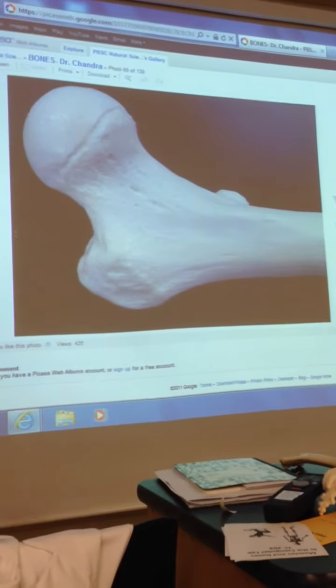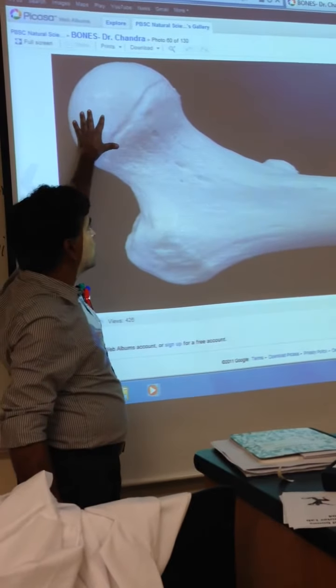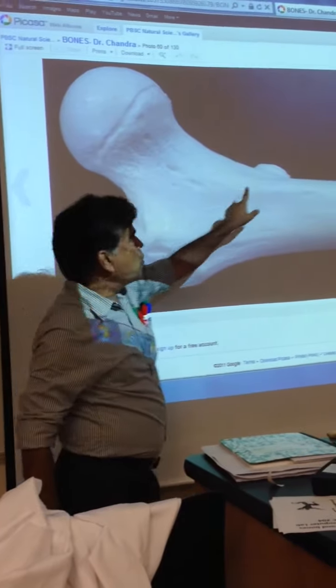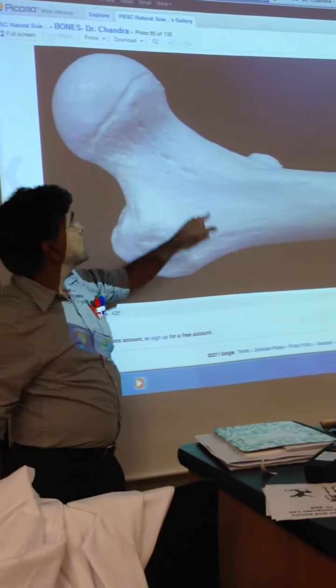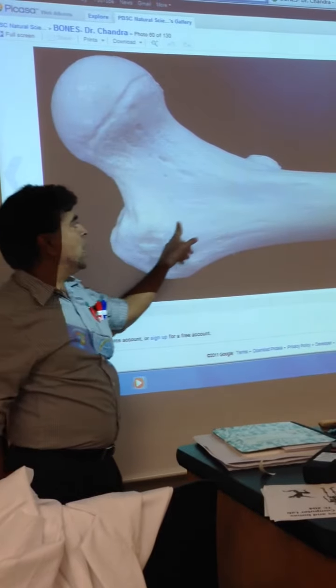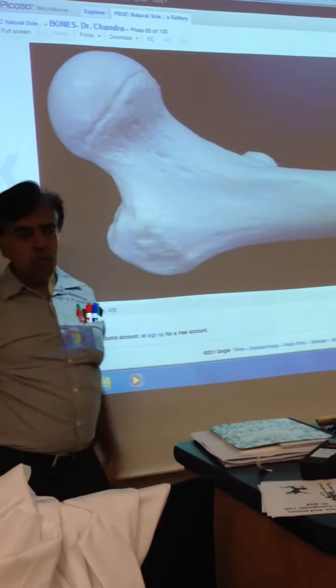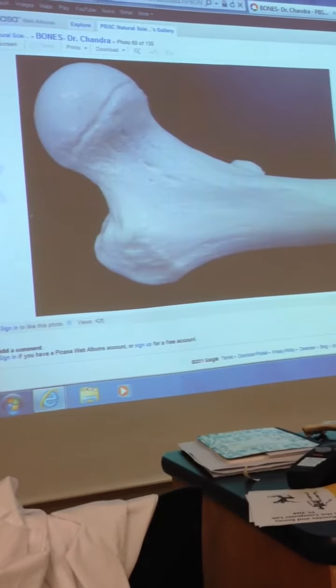Here we have the head of the femur. You can see the trochanter a little bit from the anterior view, not much. There is an intertrochanteric line which is not obvious on this bone, so we will leave that alone for now.